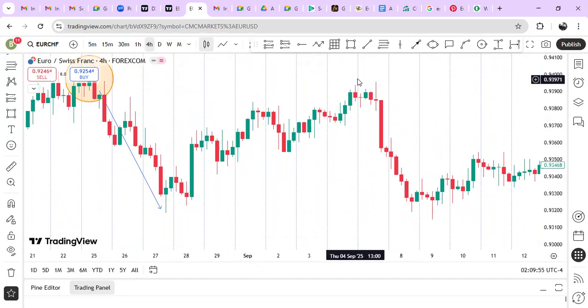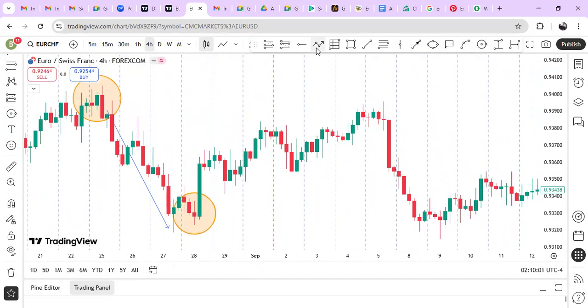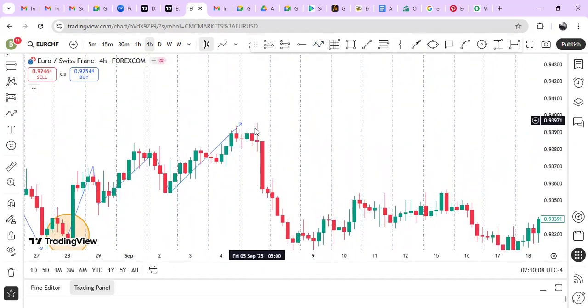Coming here now, a doji formed. After the doji formed, what happened? Saw this nice push to the upside. Getting here as well, extreme of this bullish push, a doji formed, this gravestone doji.